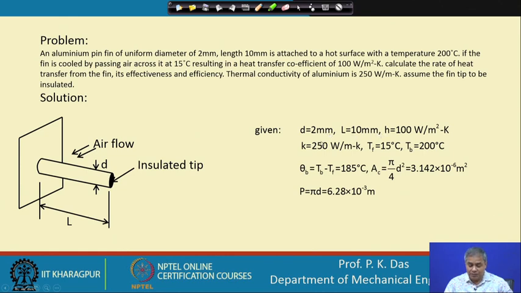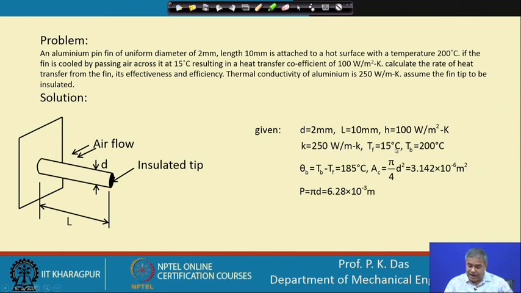You see, from here you will get some idea, the length is at least 5 times more than the diameter. Then h, the heat transfer coefficient, is also given, 100 watt per meter square Kelvin, and the thermal conductivity of the fin material is 250 watt per meter Kelvin.